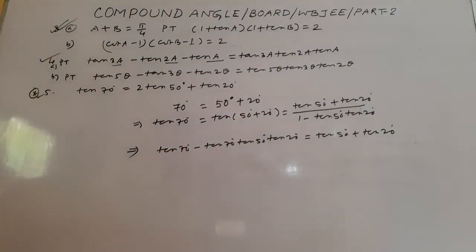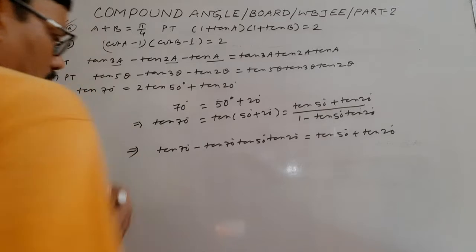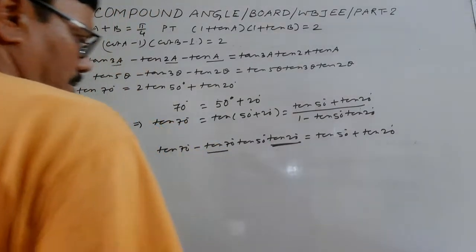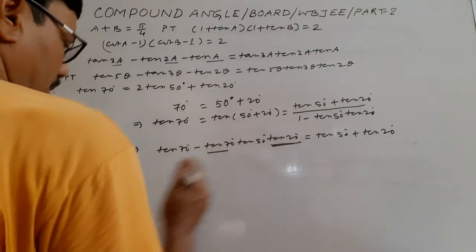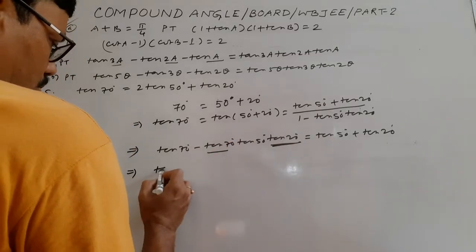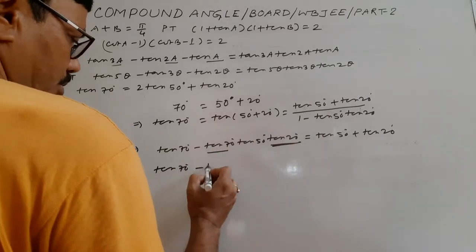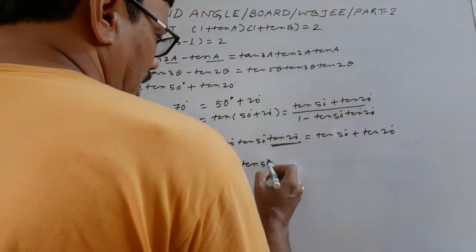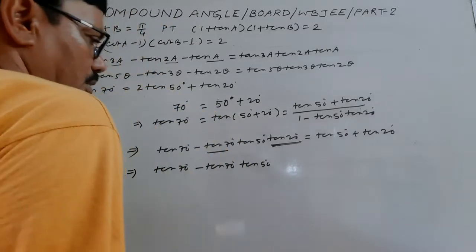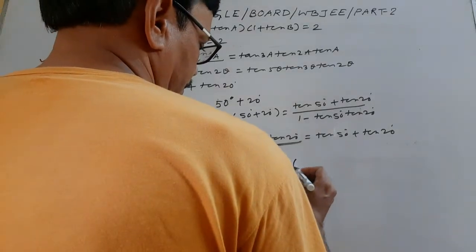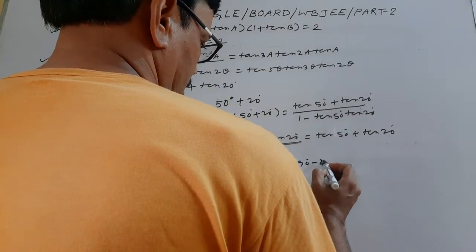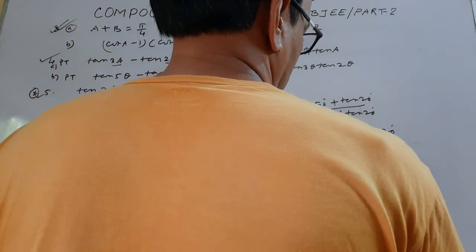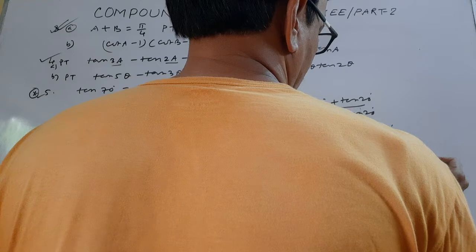Now look. Tan 70 and tan 20 are complementary angles. The sum of them is 90. So you know, tan 70 is unchanged. In tan 50 plus tan 20, 20 equals 90 minus 70, so this is unchanged.